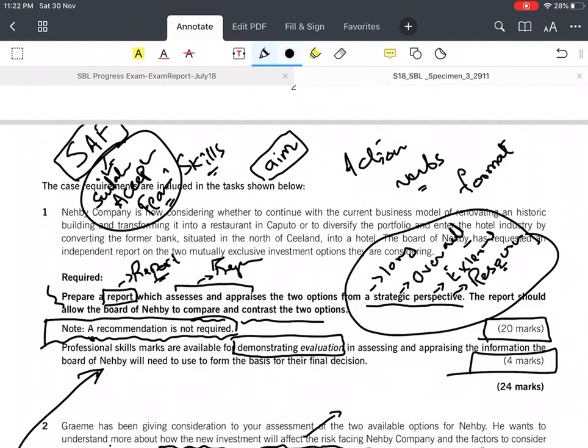Now if you just look at Nebai's case, you need to explain which of these 2 options will suit more. So we can say that expansion into a restaurant will suit this company more than going for a hotel business, for 2 reasons.